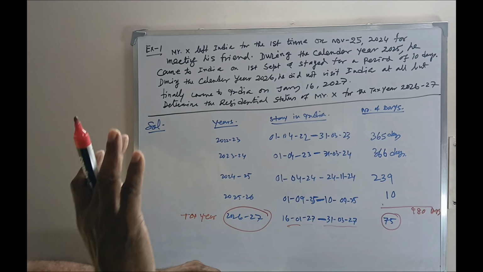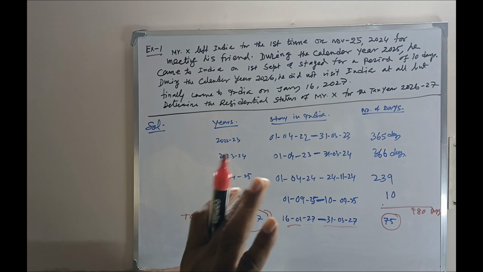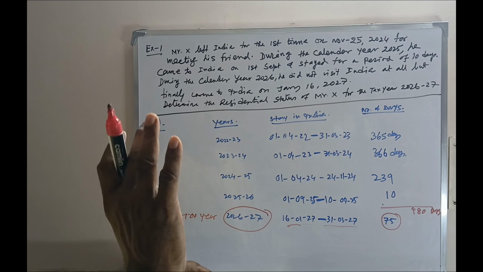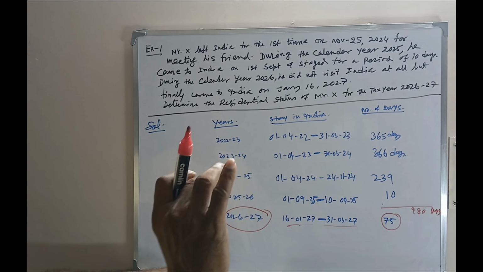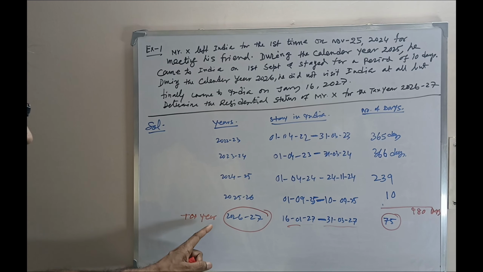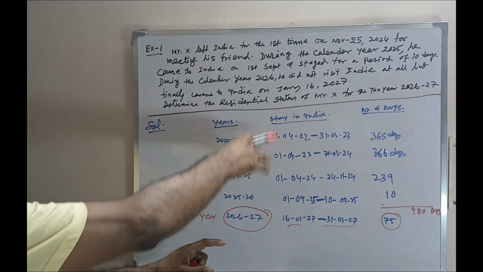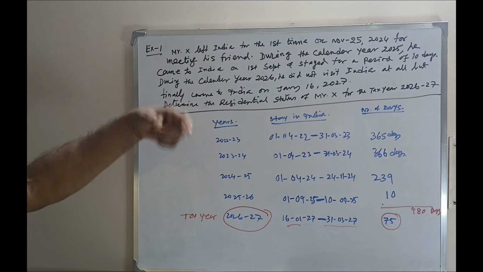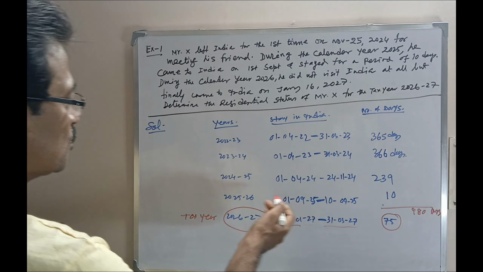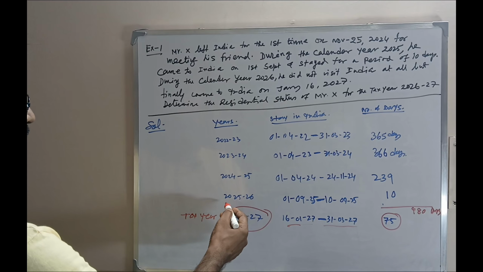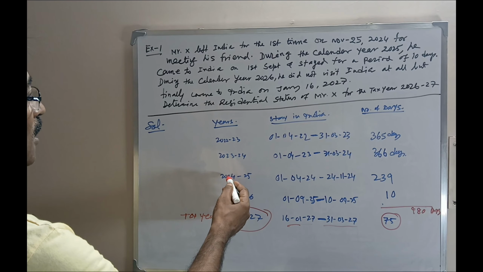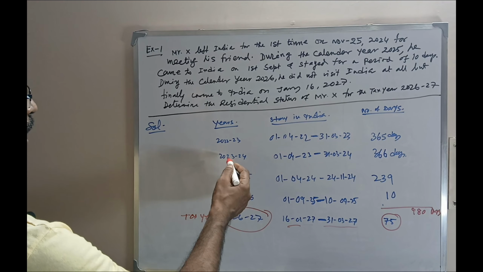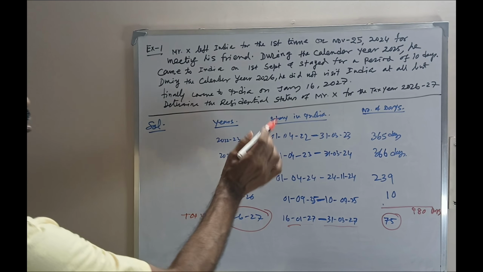Now we know that in order to determine the residential status, first determine the residency criteria, that is the tax year and the last 4 years preceding the tax year. So here are 2025-26, 24-25, 23-24, 22-23.